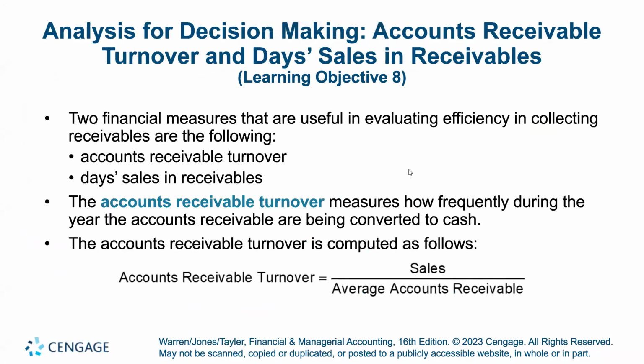For this chapter, our analysis for decision making, financial ratios include the accounts receivable turnover, which is just our sales divided by our average accounts receivable. So sales is sales, average accounts receivable is accounts receivable at the beginning of the period plus accounts receivable at the end of the period divided by 2. So the average accounts receivable.